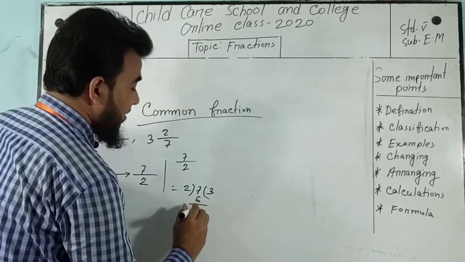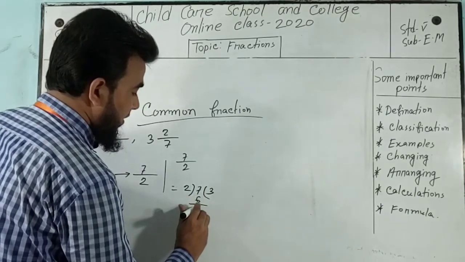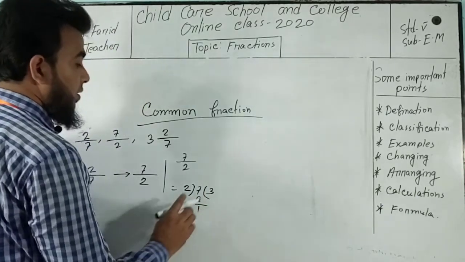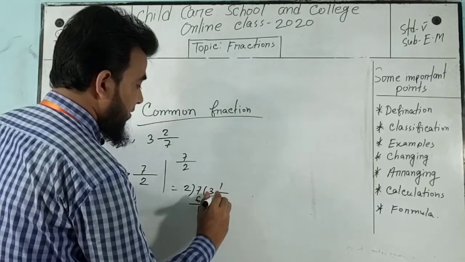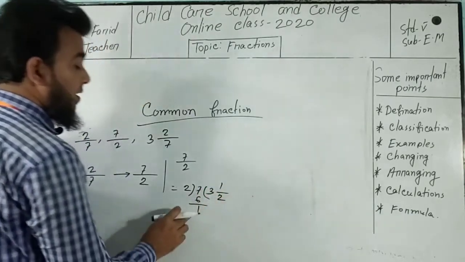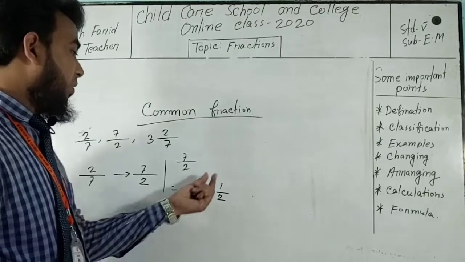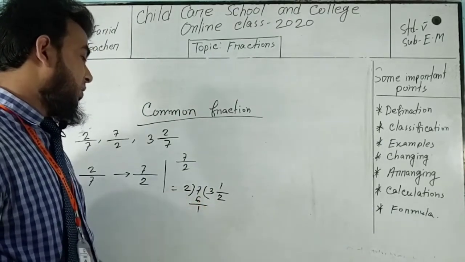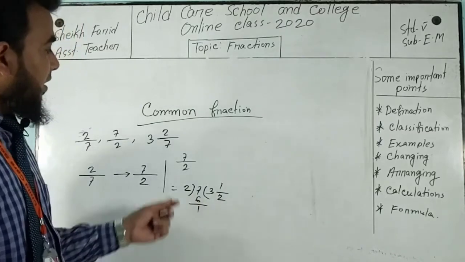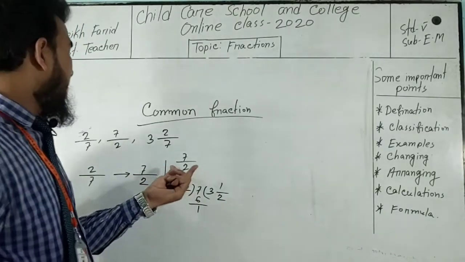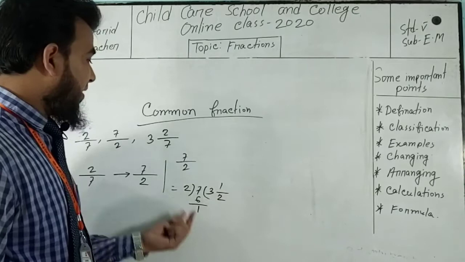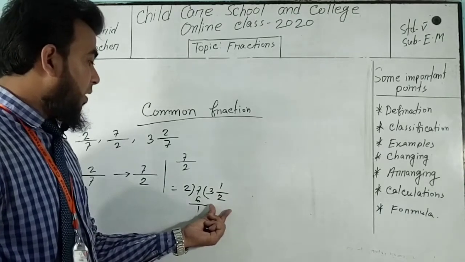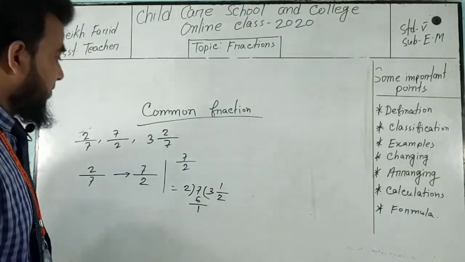Then if we subtract 6 from 7, it will be 1. So we can easily make it a mixed fraction. Here the remainder will go in the numerator place and 2 is in the denominator place. So this was an improper fraction, and after division we get a mixed fraction.